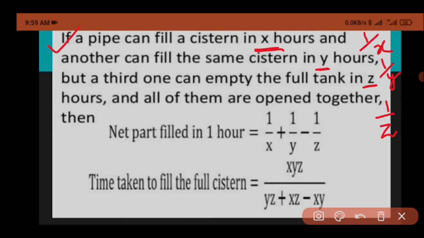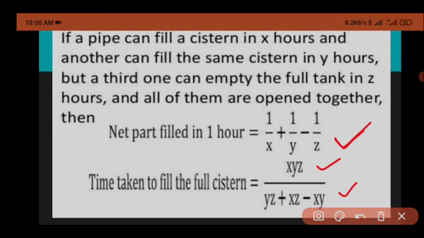Okay, so if all three taps are applied together, net water filled in 1 hour, how much will it be? This much. For the time taken to fill the full cistern, we will use this formula. According to the outlet pipe or inlet pipe, we will use the formula.